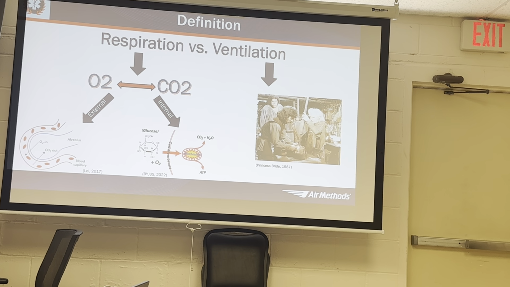We know the story here. CO2 leaves in that area, and respiration also happens at the cellular level, where glucose, we all know how we make energy, right, through ATP and all that. So oxygen is required for that, and ventilation is what we're doing when we're bagging a patient, when we're putting them on the ventilator. That is ventilation.